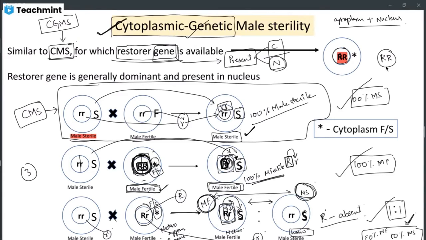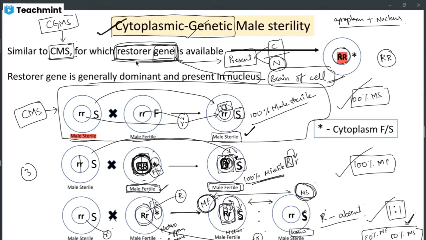Okay, so this restorer gene is present in the nucleus, which is also known as the brain of the cell. So these are important points. This is one important question: the restorer gene is present in the nucleus, right?